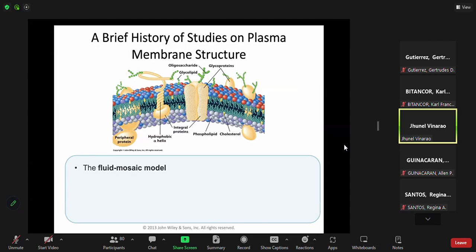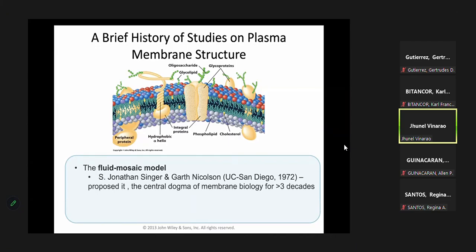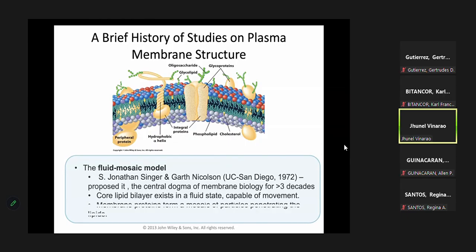So that is the function of our membranes. Okay, just a history. The fluid mosaic model, we have Jonathan Singer and Garth Nicholson. They proposed the central dogma, not of molecular biology, but the central dogma of membrane biology for more than 3 decades. It says here that it has a core lipid bilayer which exists in a fluid state.